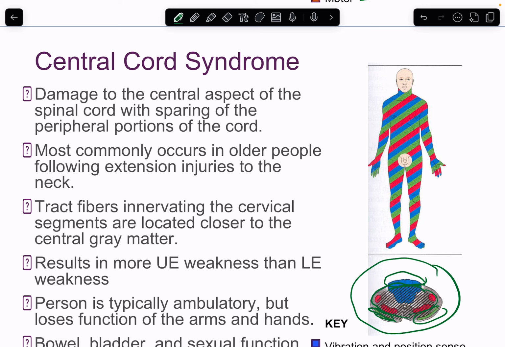And the tract fibers innervating the cervical segments are located closer to the central gray matter. So meaning to say, the central gray matter is in the middle, right? So here is cervical, here is thoracic, here is lumbar, and then outside is the sacral area. So that's why, okay, the sacral portion, which is for the genital area, bowel and bladder, is spared, okay?